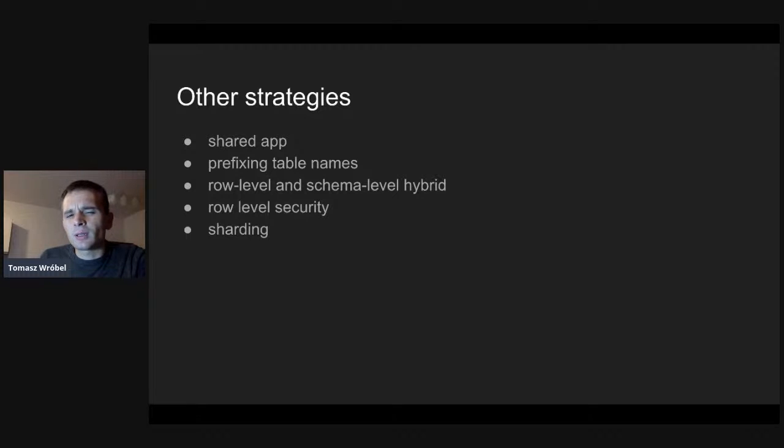Okay, row level security is an interesting keyword because you can basically have tenants in a shared table, but you can employ some ownership rules. But this has to deal with the connections, so it's not so easy as it sounds. Sharding.